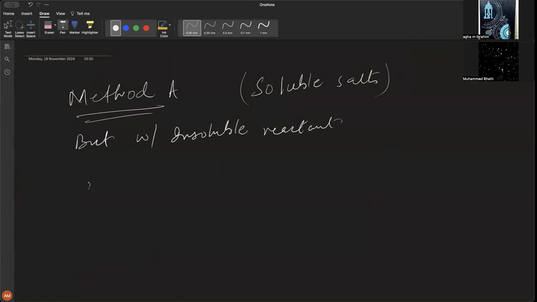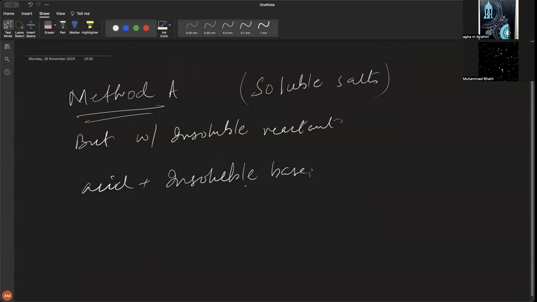So it's going to be acid plus insoluble base. Example of that could be an insoluble base example, and we have to make sure that we write excess to that, excess of insoluble base, right?